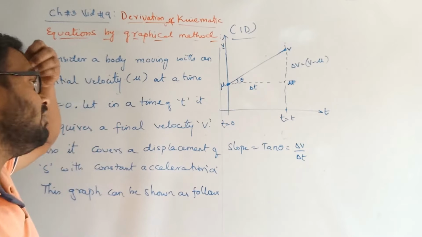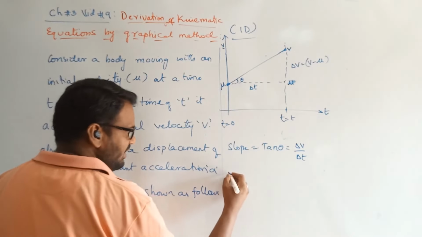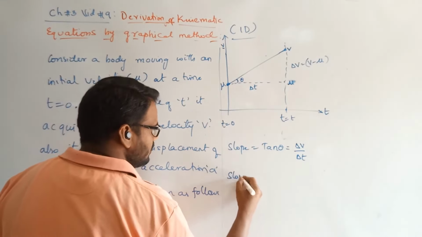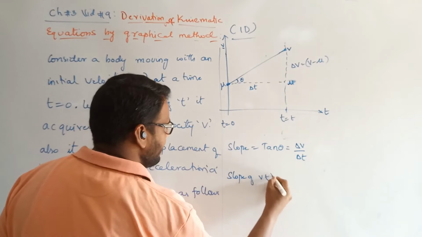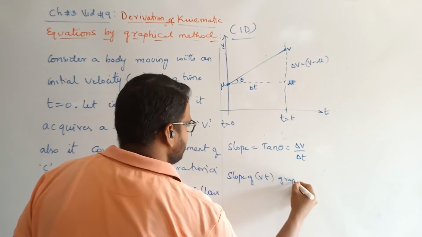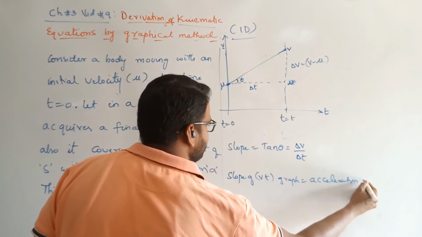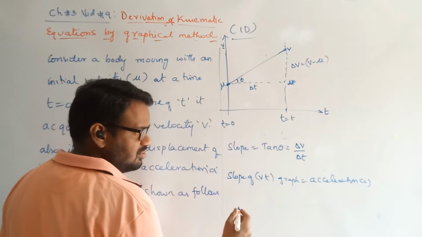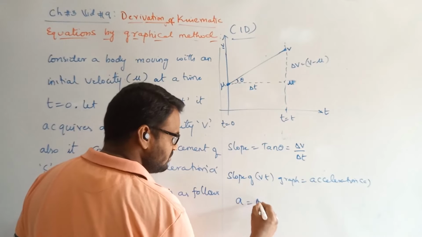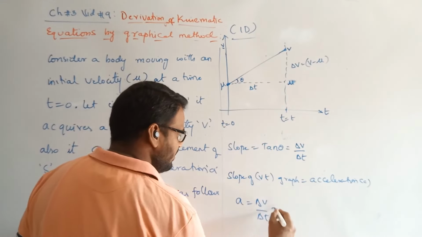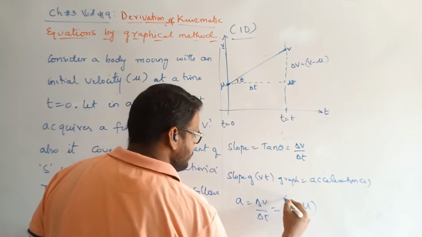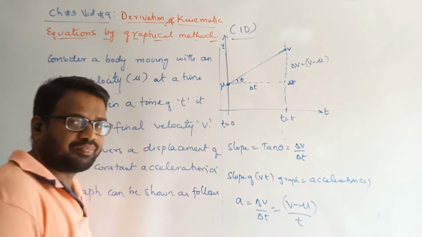And what is it that we know from the vt graph? Slope of the vt graph gives acceleration. Remember that I told you the points. Therefore slope is equals to acceleration, a is equals to delta v by delta t. This is equals to v minus u by t minus 0.